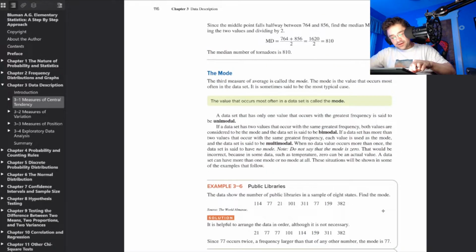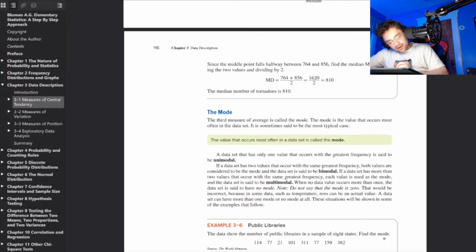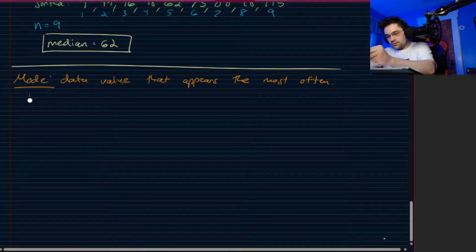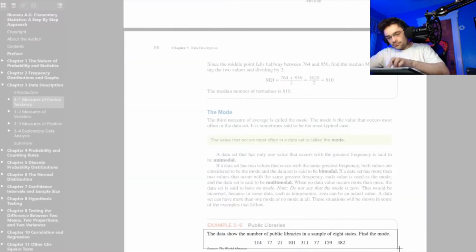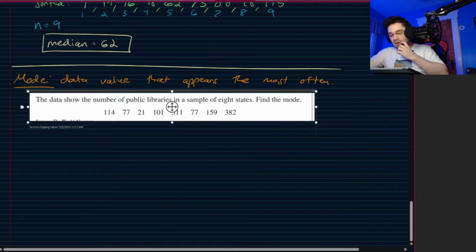Sure. How about this one right here on public libraries? And it's asking us to find the mode.